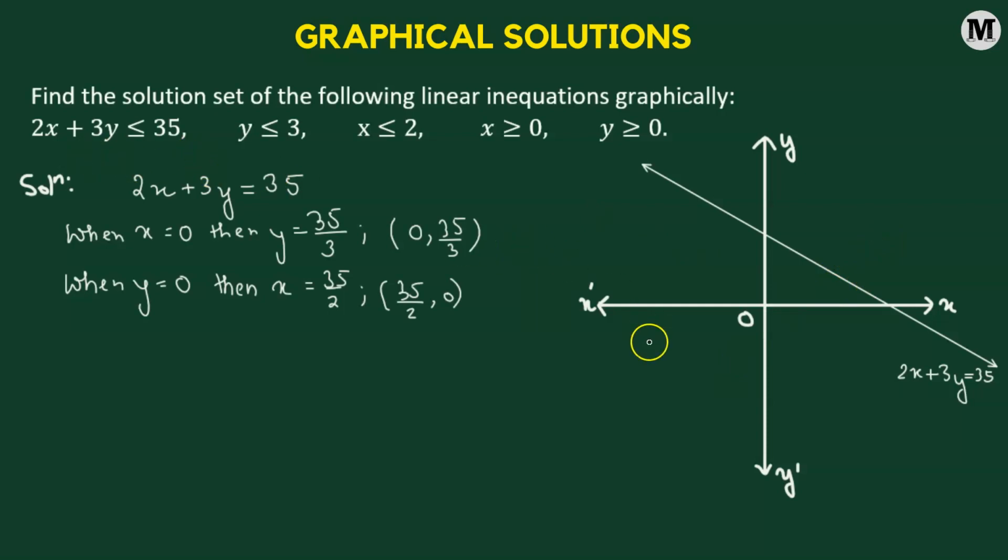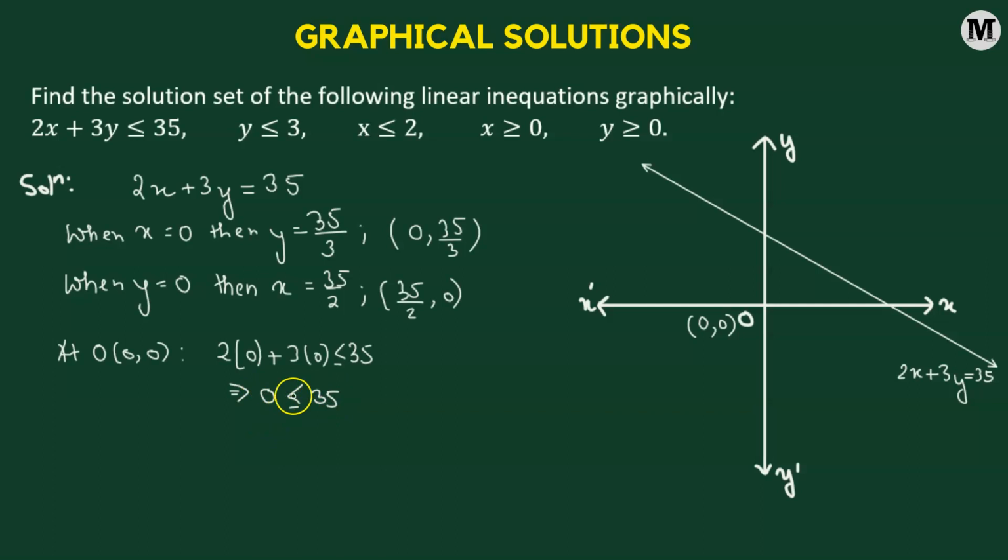For this, we have to pick up a point on the xy plane. The simplest point that we can pick up here is the origin O. So at the origin O, where the x and y coordinates are 0, the inequation is going to become 2 times 0 plus 3 times 0 less than or equals to 35, which means that we have 0 less than or equals to 35.